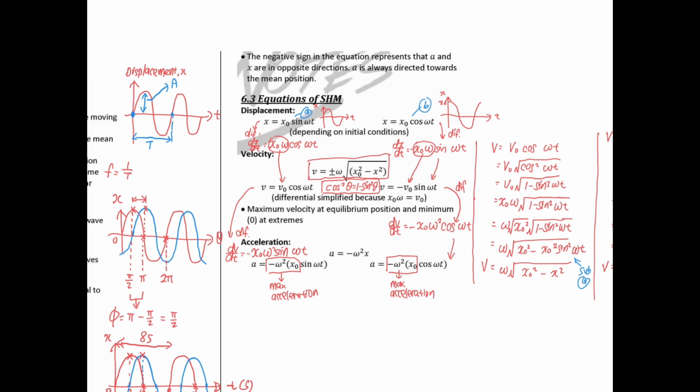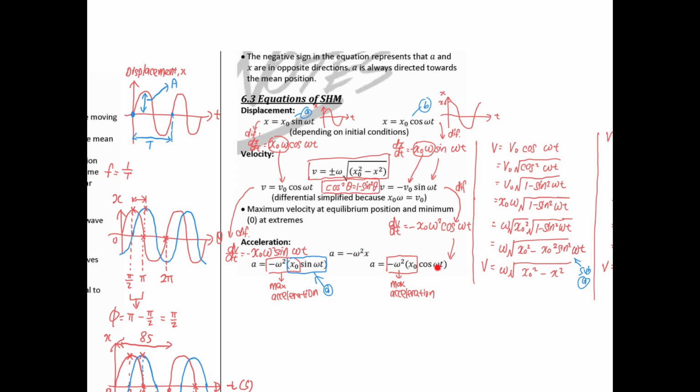But of course, if you replace equation A into this bracket, as you can see, x naught sine omega t is x, so this part becomes x, and you will get this equation, minus omega square x.